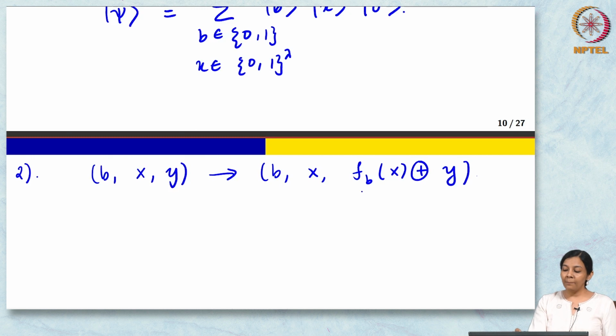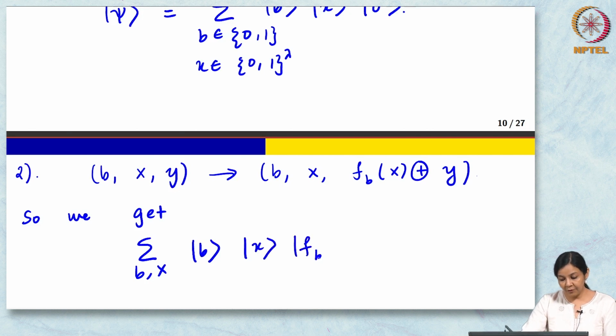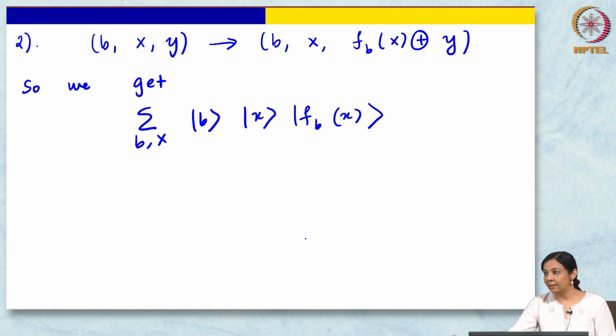Basically I want to get a superposition over the claws. So I want to use my bit to select the function and I apply this function. So we get the summation over b, x of |b, x, f_b(x)>. Great. So now what should I do? This is stuff that everyone is an expert in by now.